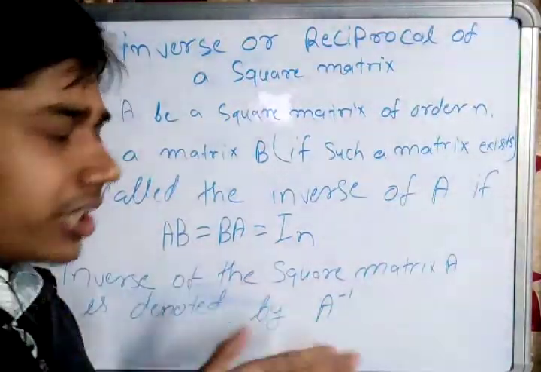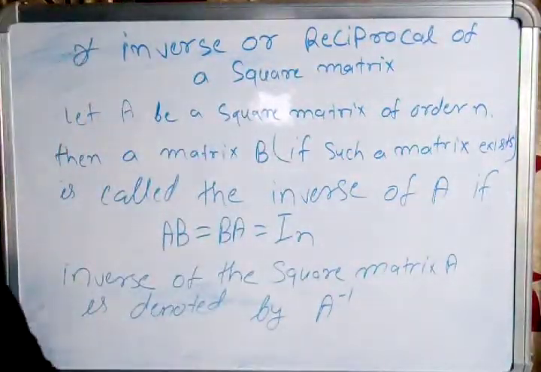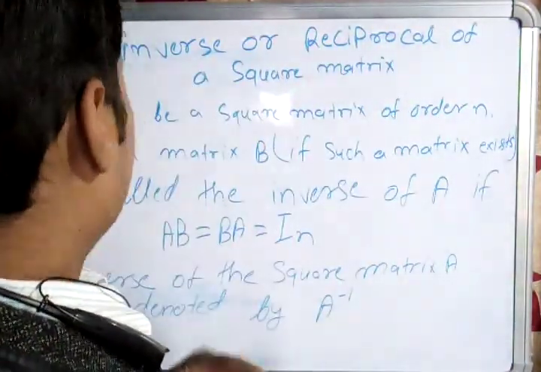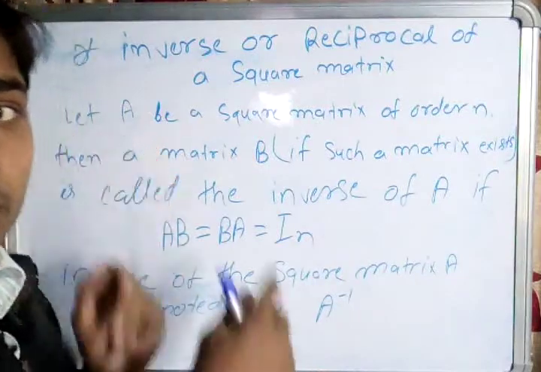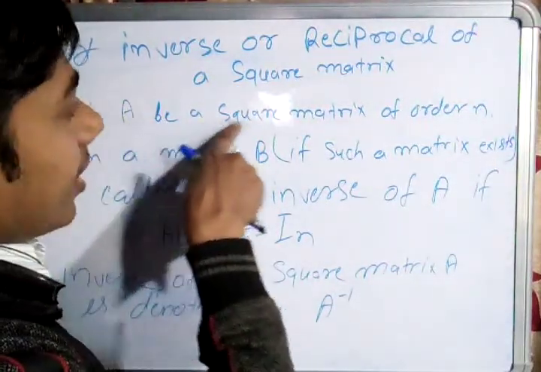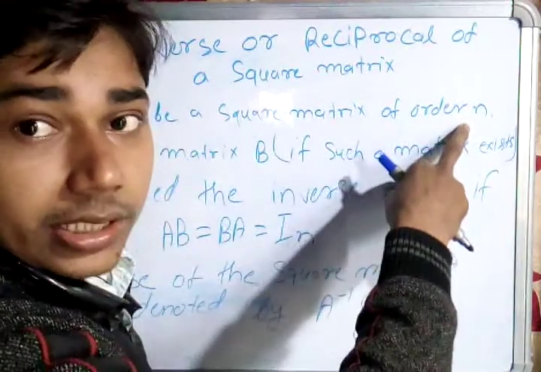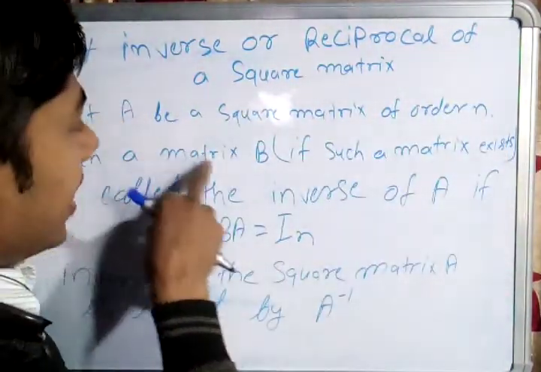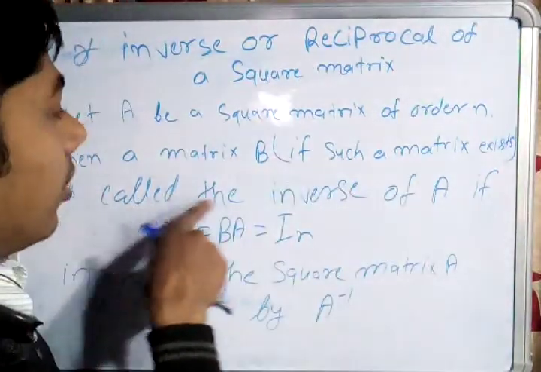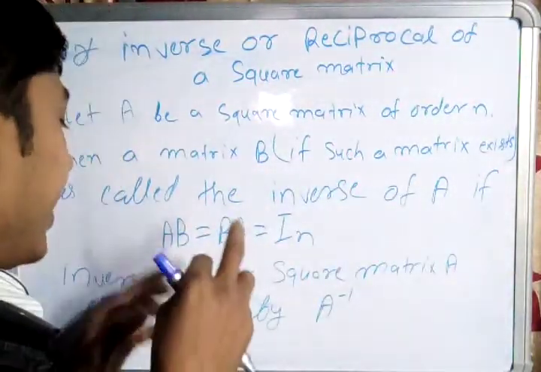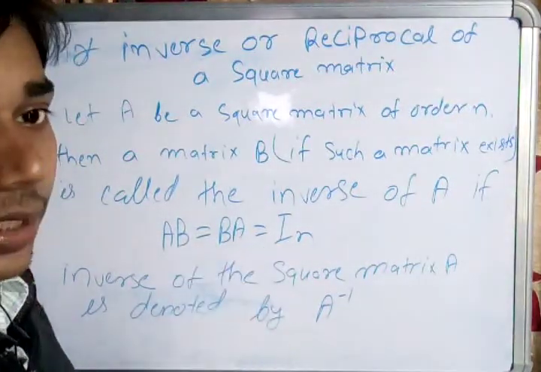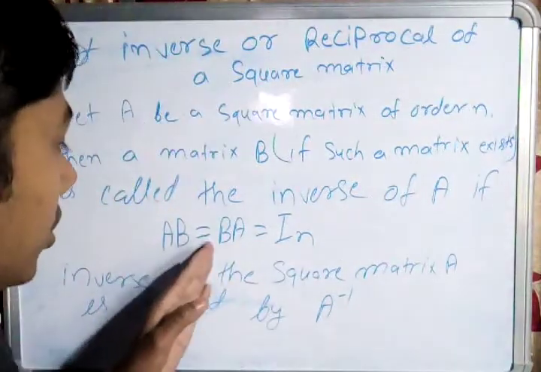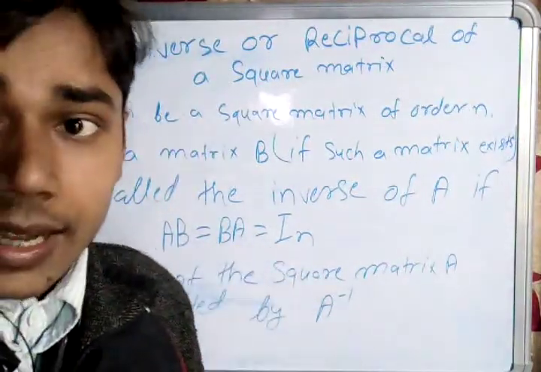So define the square matrix, and how to find the inverse in this term. Let A be a square matrix of order n. Then a matrix B is called the inverse of A if AB equals BA equals In.